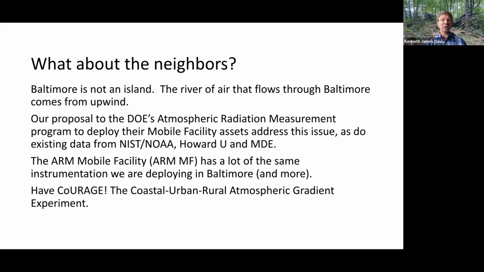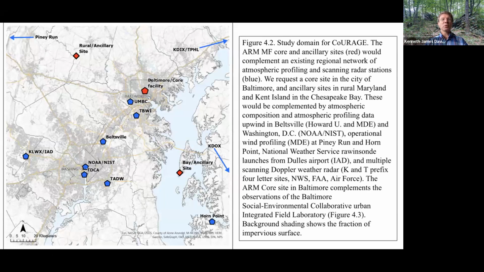It has a lot of instrumentation. It also gets into cloud microphysics and atmospheric composition and interactions with radiation. And one of our colleagues from New York came up with this really cool acronym, COURAGE, the Coastal Urban Rural Atmospheric Gradient Experiment. And so we would beef up our measurements in Baltimore, add an ancillary site in rural Maryland. This is a hypothetical location.